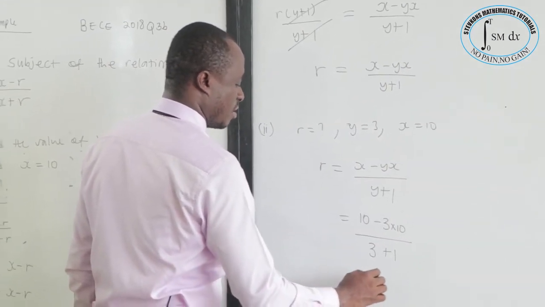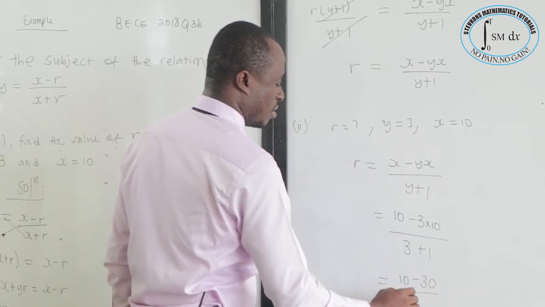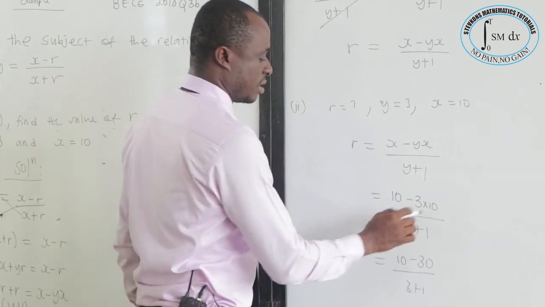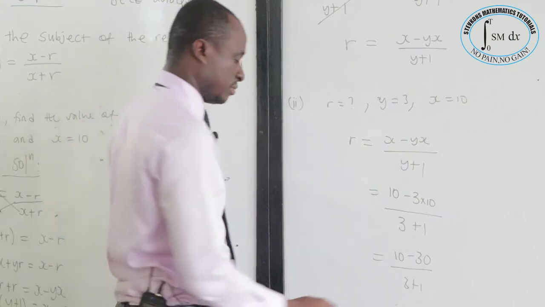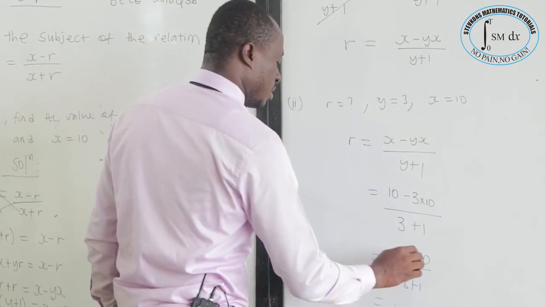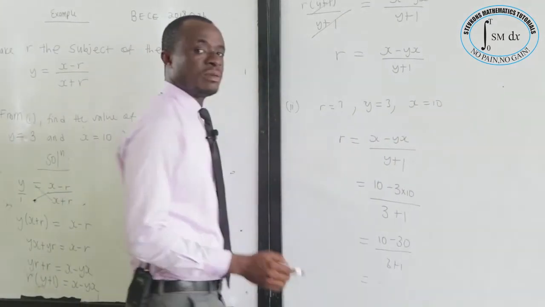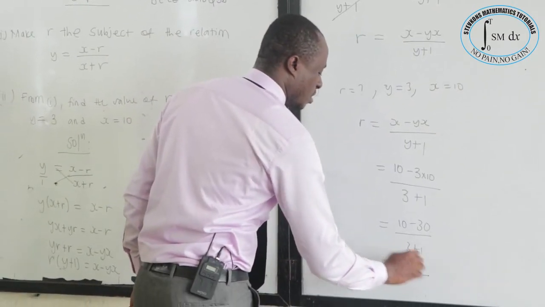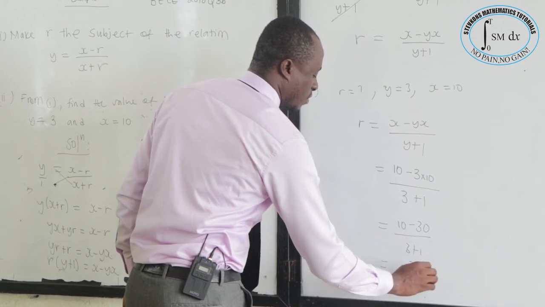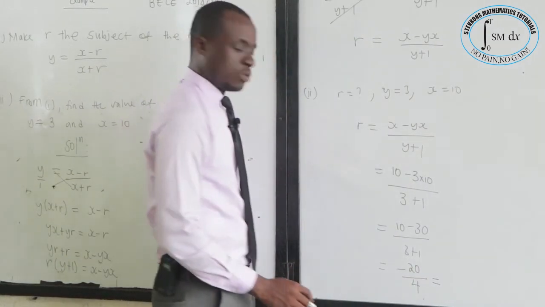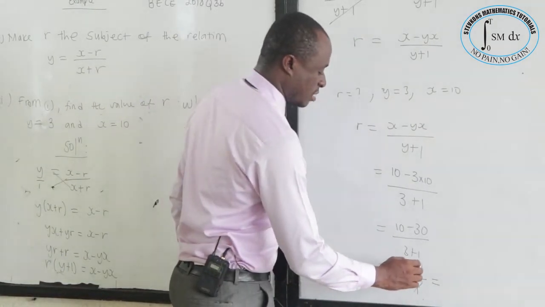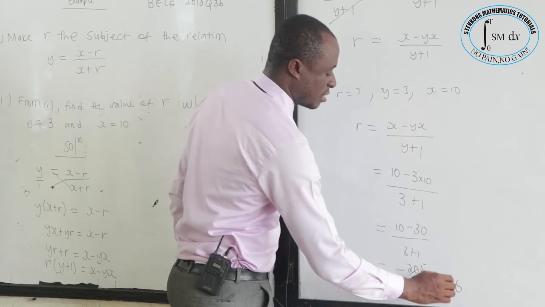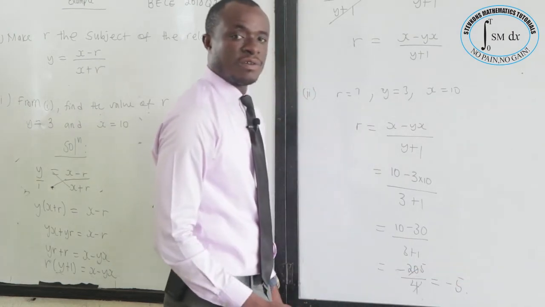Now you have 10 minus 30 all over 3 plus 1. 3 times 10, that is 30. Now, that is 10 minus 30, bigger value from a smaller value, that would be negative 20. 3 plus 1, that is 4. How many times will 4 go into 20? That is 5 times. So our answer is negative 5.